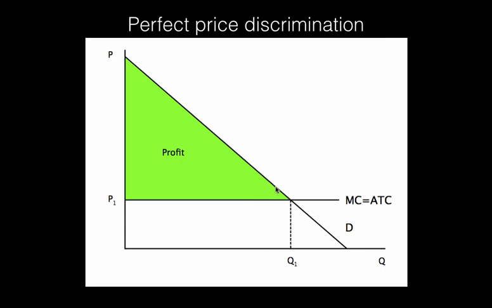As long as someone was willing to pay more than my marginal cost of production, it would be efficient for me to do that. I wasn't willing to do it before if I had to drop the price on all my units, but now I just have to drop the price on every single unit without dropping the price on other ones. I will go all the way to the efficient point, no deadweight loss, but it's all monopoly profit, no consumer surplus in that case.